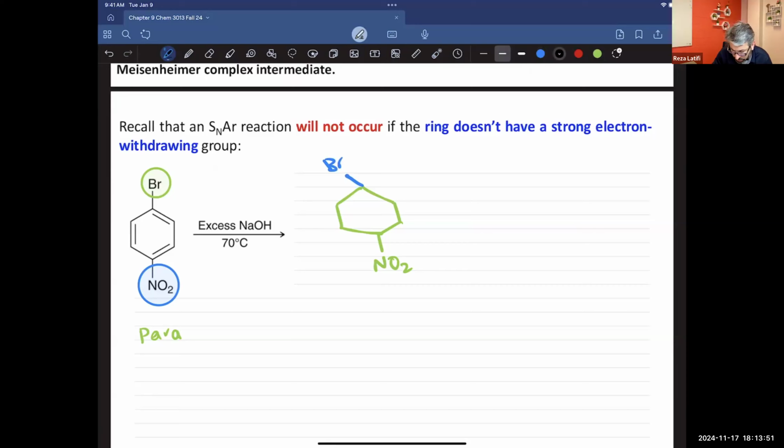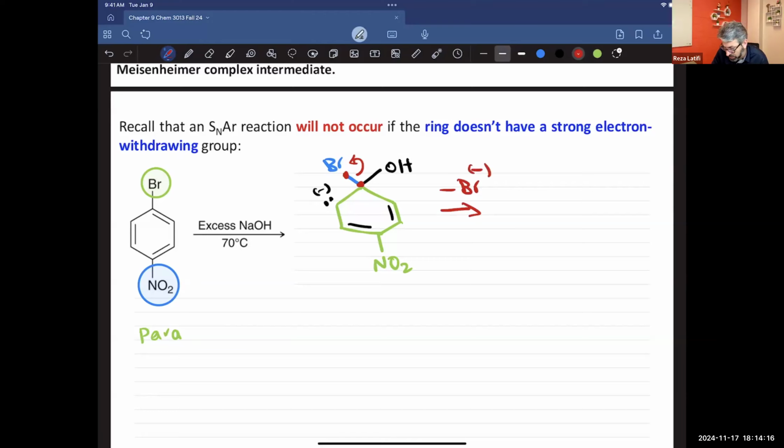And also OH here. Now what will happen? I will have a negative charge here. Now this system very soon is going to let the bromide leave. The bromide will take those 2 electrons and it will leave the system. So minus bromide.